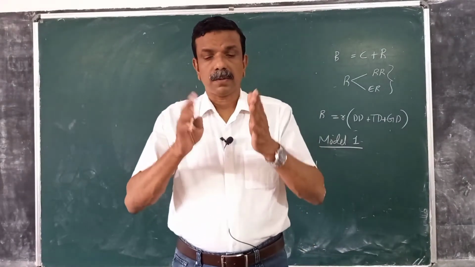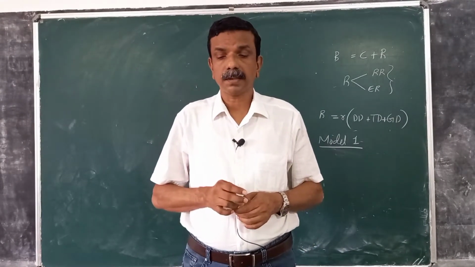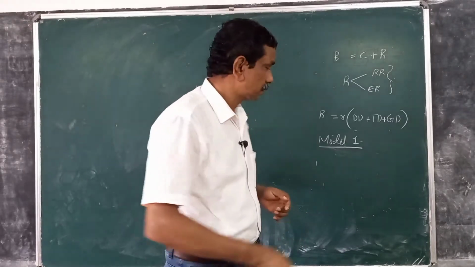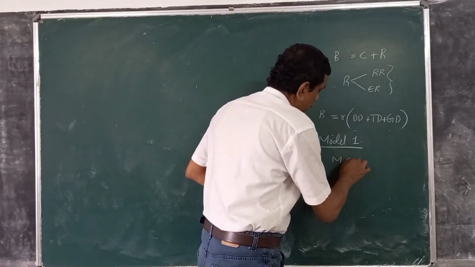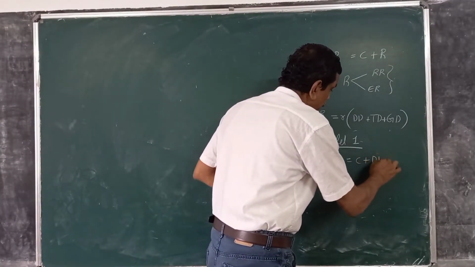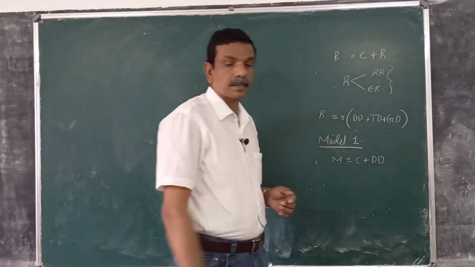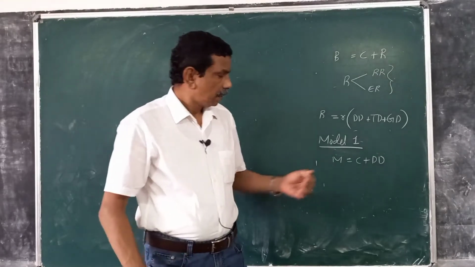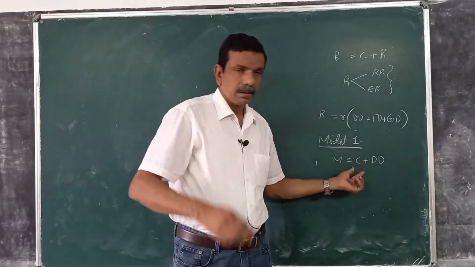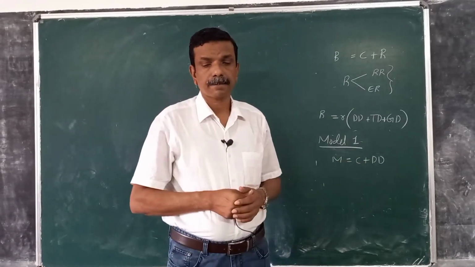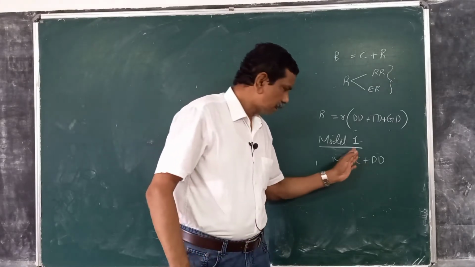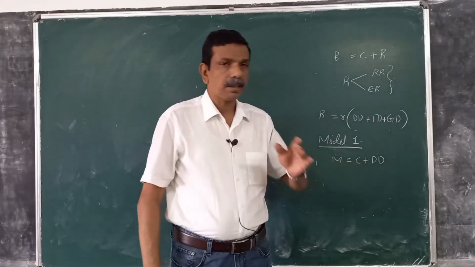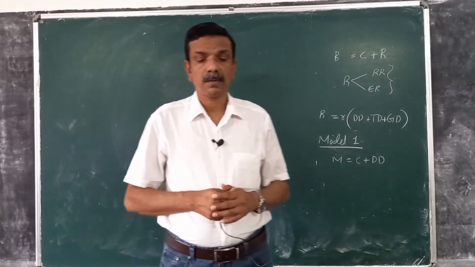Now, in the first model, money supply is defined as currency plus demand deposits, C plus DD. And C is currency held by the public, and it is, as we have discussed, an important part of monetary assets.